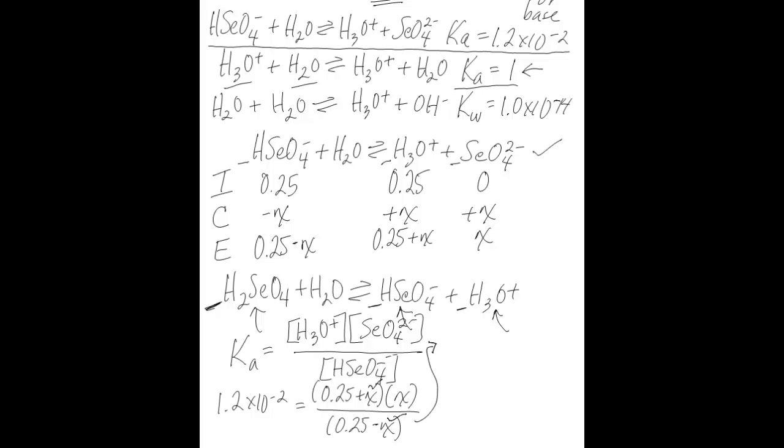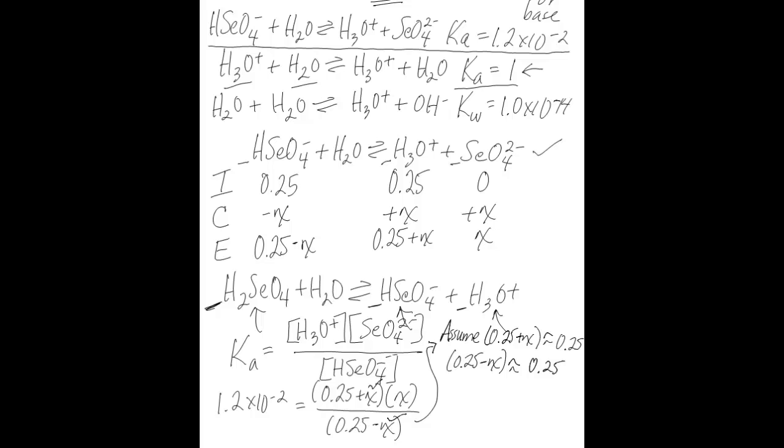So what we're going to do is make an assumption to try and do that. We're going to assume that 0.25 plus x is approximately equal to 0.25, and also that 0.25 minus x is approximately equal to 0.25.